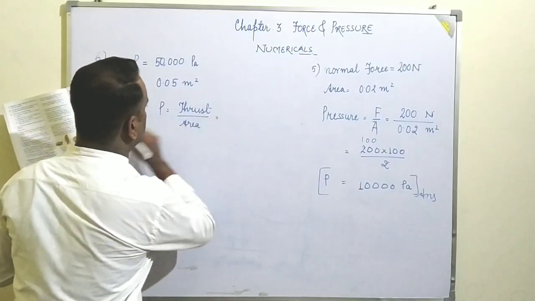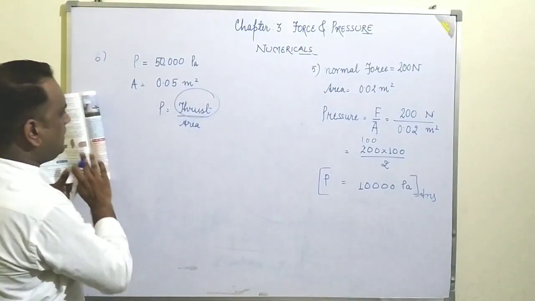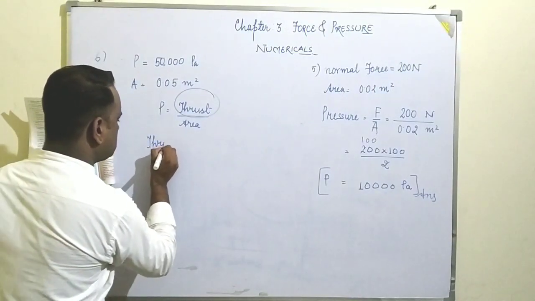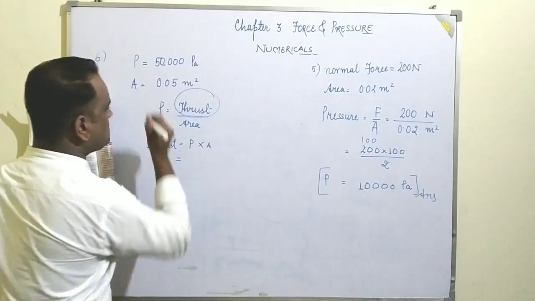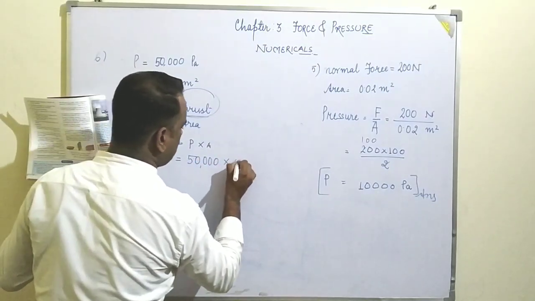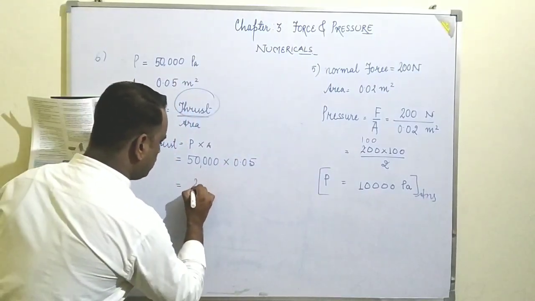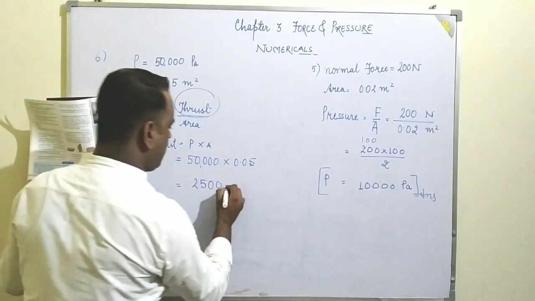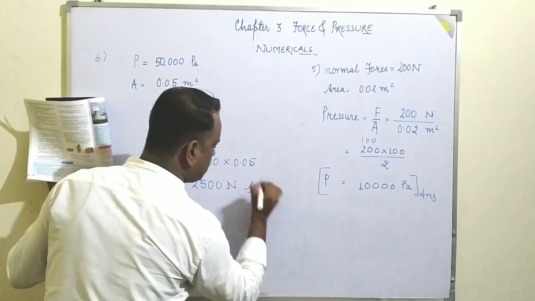We know everything else, so thrust is equal to pressure into area. Pressure is 50,000 into 0.05, which will be 2500, and thrust is also a force, so it will be 2500 Newton. So we are getting the answer of question number 6.